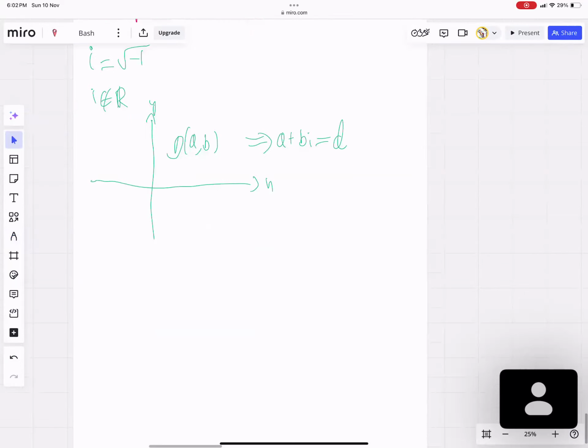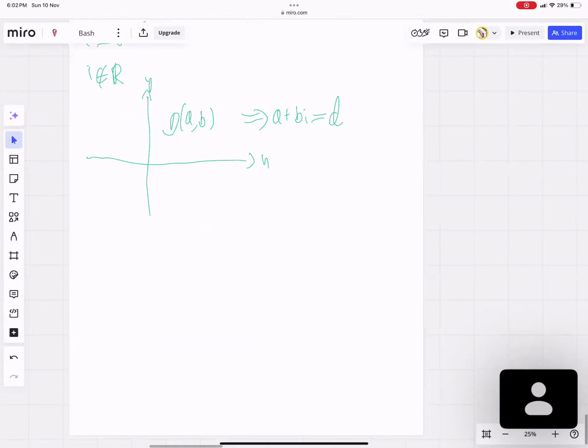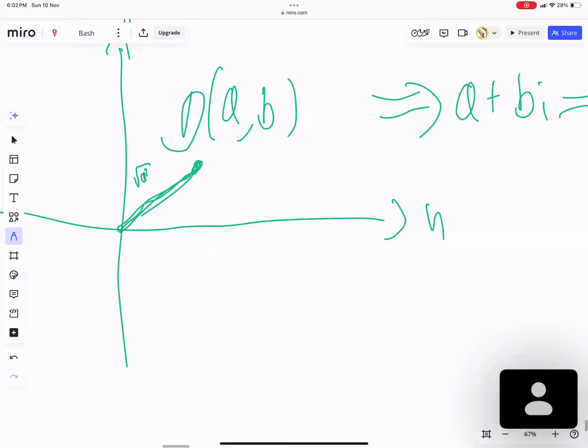Okay. So there are two components to a complex number. One is the distance from the origin, which by the Pythagorean theorem can be easily checked to be the square root of a squared plus b squared. The other is the angle, theta, which equals tan inverse of b over a.